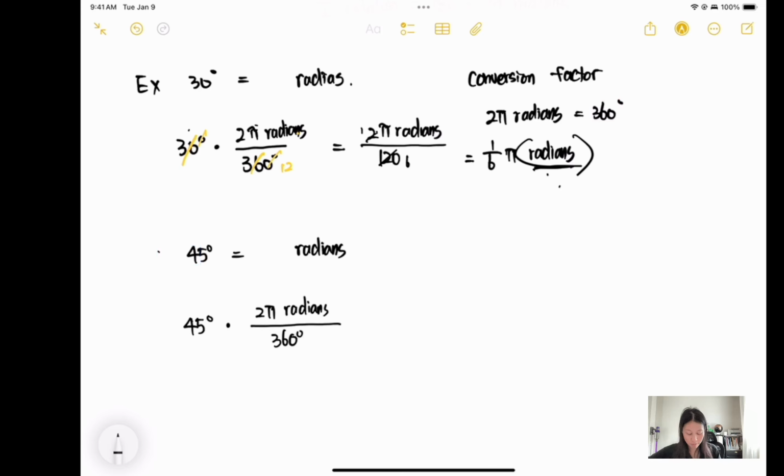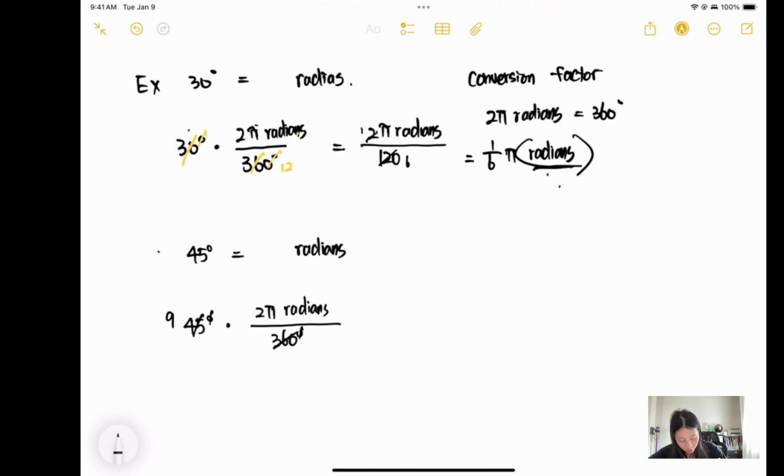So that's it. And now degree and degree, they can cancel each other out. And then 360 and 45, what's the common factor? Well, we can try start with 5, divided by 5, I got 9.